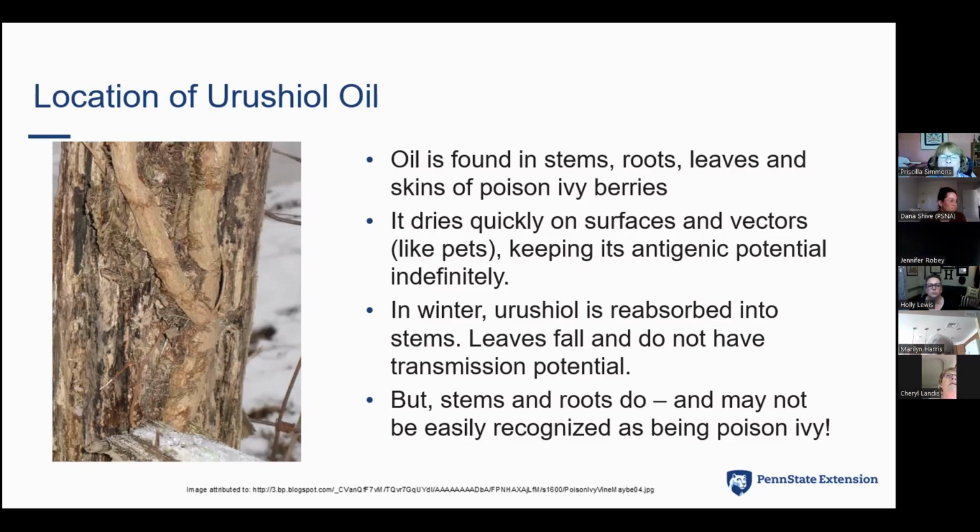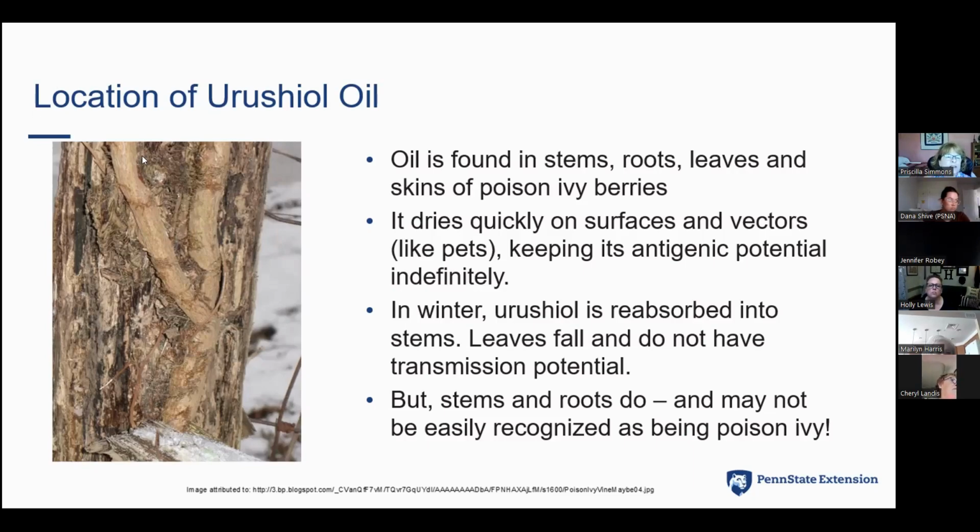And urushiol oil seems to keep its antigenic or allergenic potential pretty much indefinitely. So even in winter, one can have a poison ivy reaction from touching inadvertently the stems.